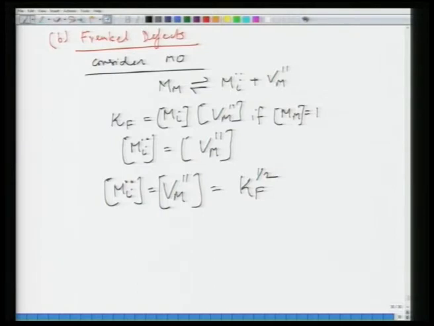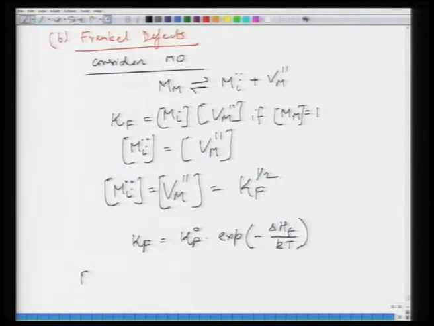And so, again you apply the same formalism, with which I can write Kf to be equal to Kf naught exponential minus delta Hf by Kt. Okay.